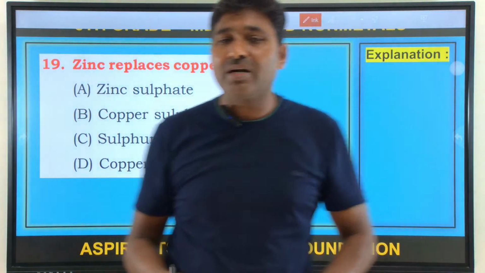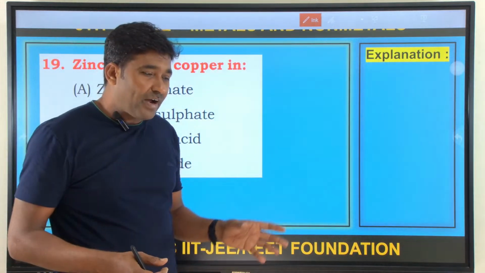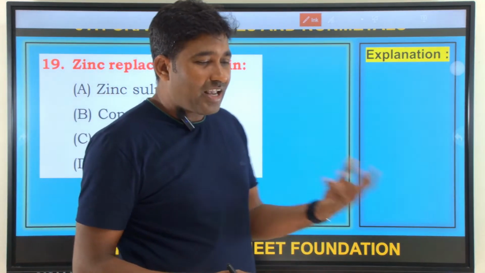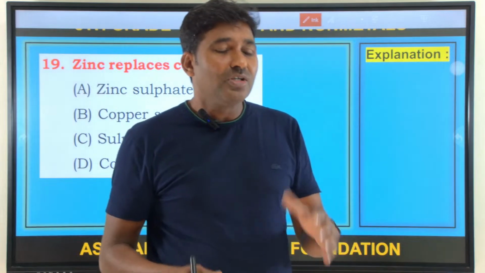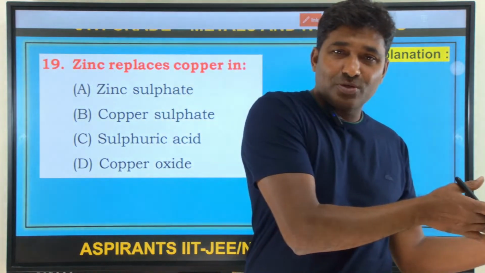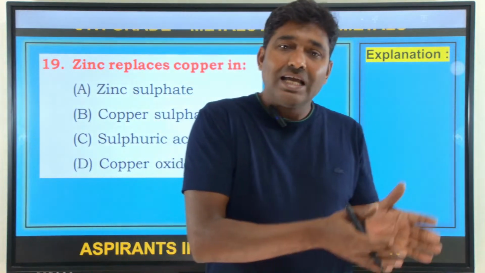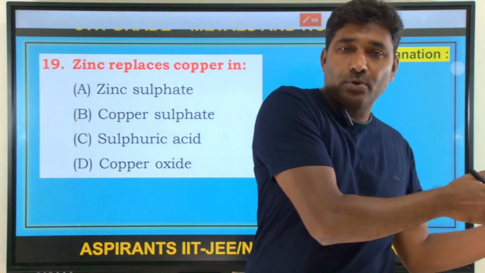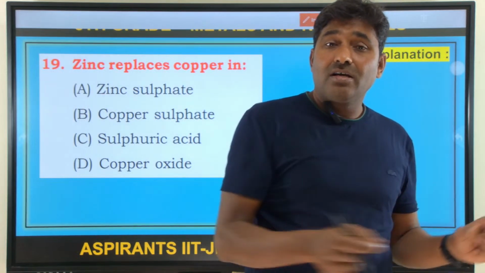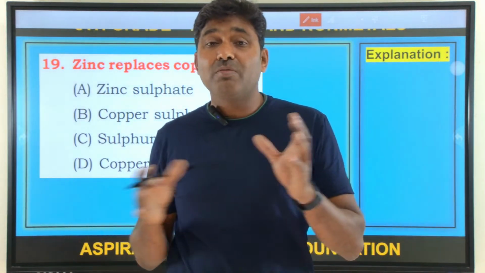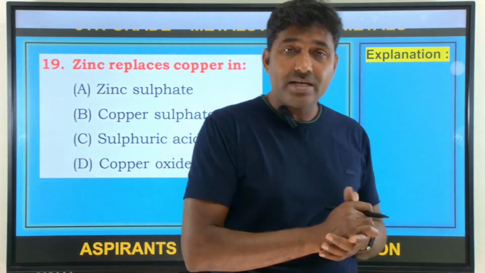With its help, we can find out which metal is more reactive and will displace the least reactive metal from its compound. That is why we must remember the metal activity series.